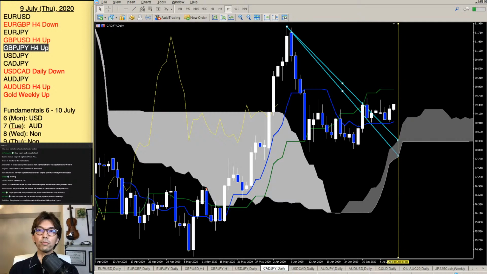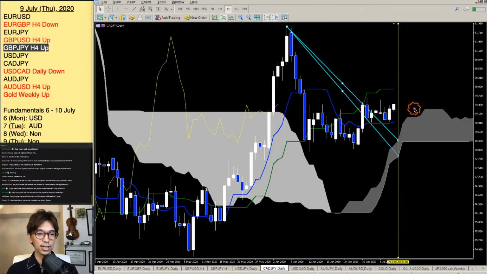Most likely the price will be on this vertical line here, and as a result, we can expect the price will go up from there.